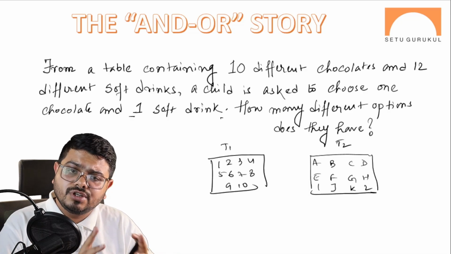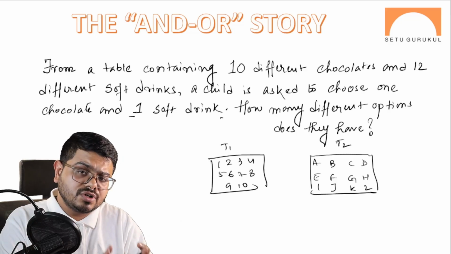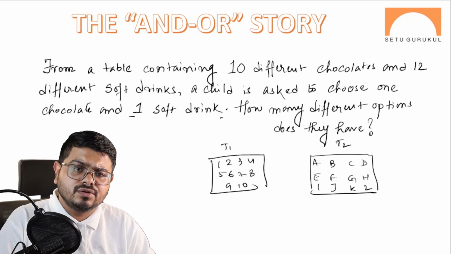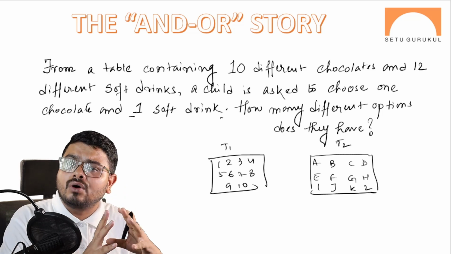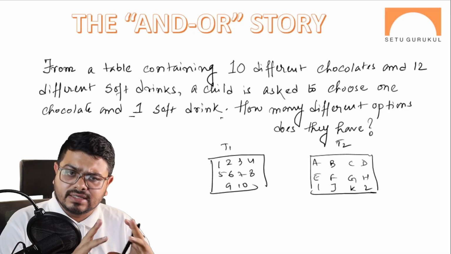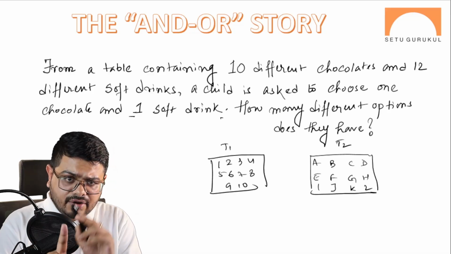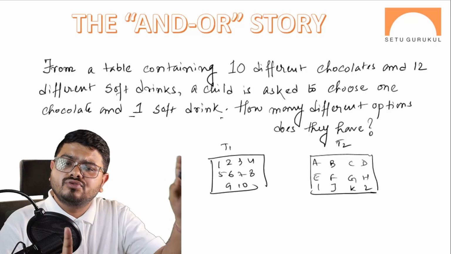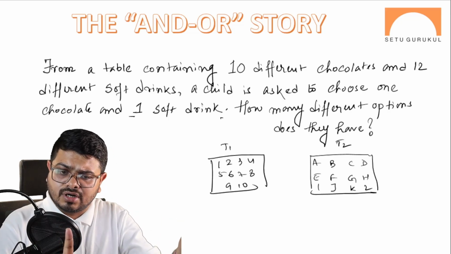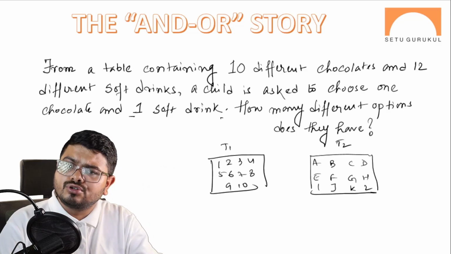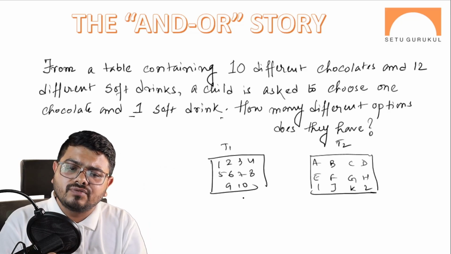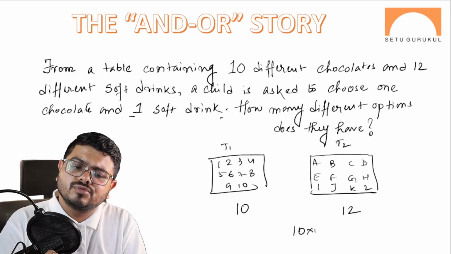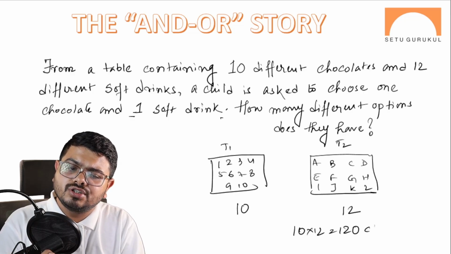So very carefully, we need to observe first what situation emerges the problem in. Is it an and scenario that emerges out of this situation, or is it an or scenario? This clearly is an and scenario. So every choice that the child makes on table one will open up 12 choices for him or her in the table 2, and together that will form 10 choices here and 12 choices here. So 10 times 12, which is 120 choices, right?